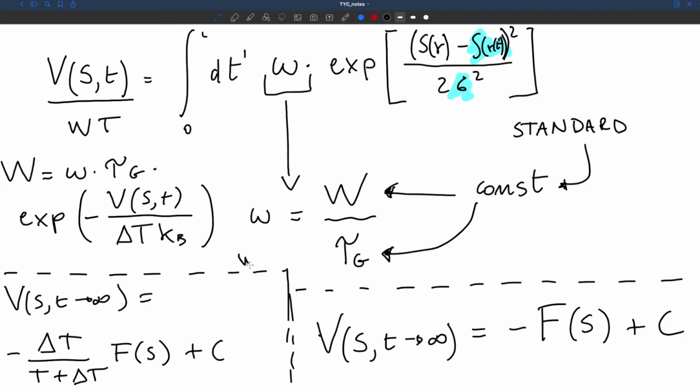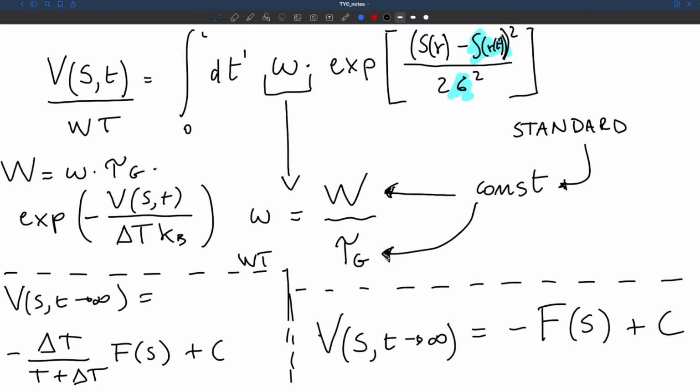So in the well-tempered case, the bias potential converges to a rescaled version of the free energy surface, but knowing the characteristic parameter that introduces this decaying behavior of the height of the Gaussians allows us to recover a free energy surface in the space of the collective variables S.